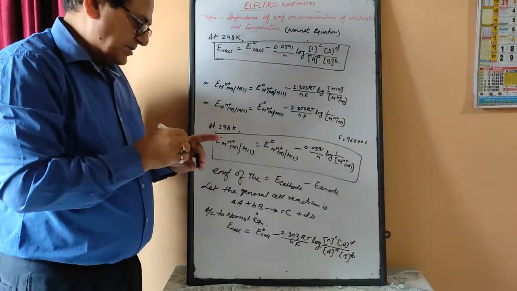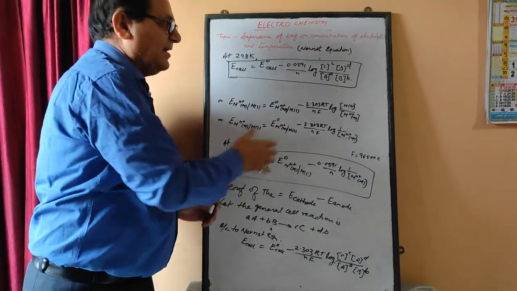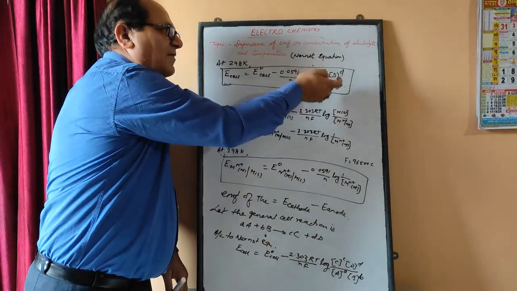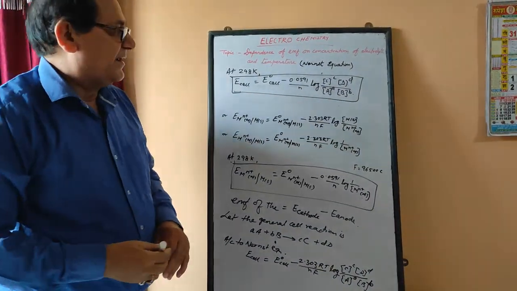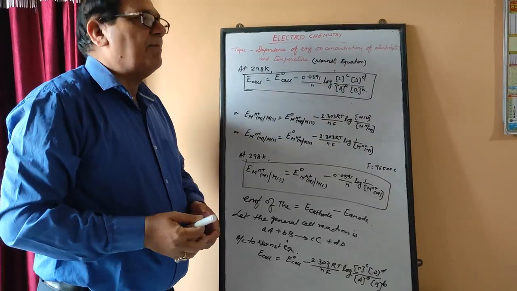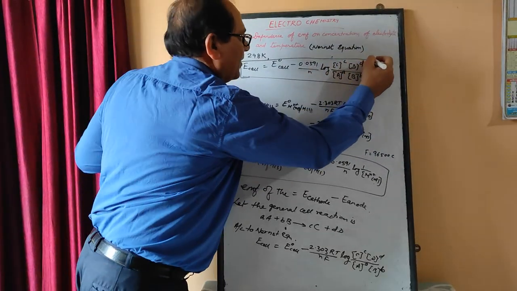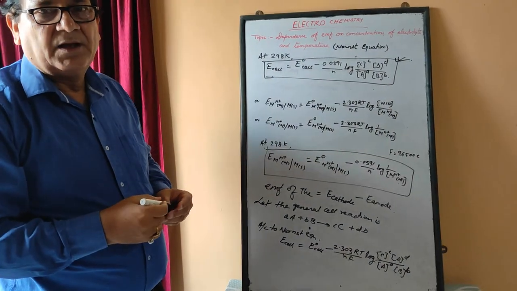In some books, a plus sign has been given. Under that condition, the denominator should be converted to numerator and the numerator to denominator. So for avoiding confusion, always remember this equation only for solving your numericals.